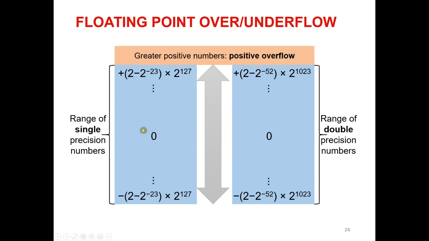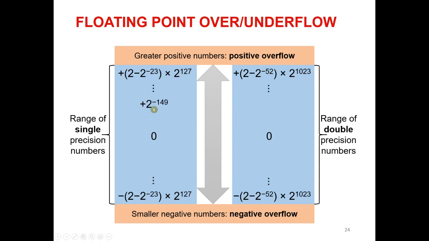For instance, I'm going to explain later where we get this 149, and I will also do the same later for this number, but for the time being, just believe that this is the smallest positive number I can represent.